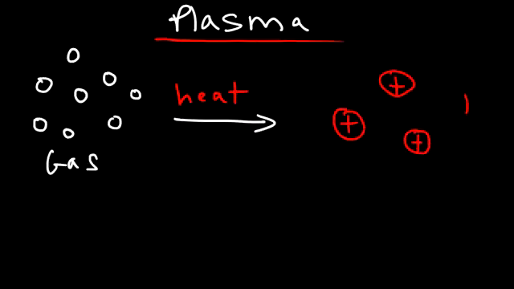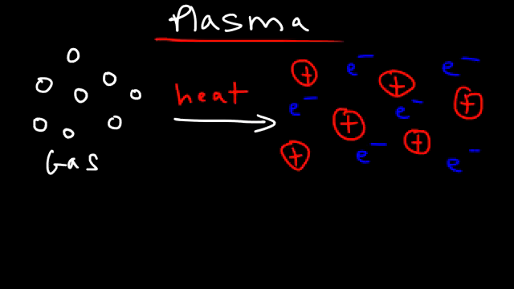These are the atoms that lost electrons. And not too far from these ions are the electrons that were stripped away. Now here's the key difference between a gas and a plasma. A gas, in its neutral state, does not conduct electricity. A plasma, or an ionized gas, does conduct electricity.